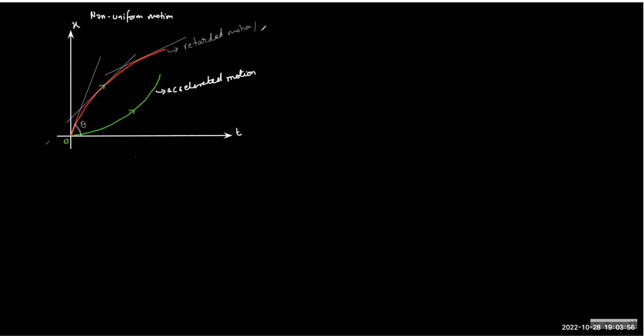Retarded motion. We can also call it deceleration or decelerated motion. So the green is accelerated motion and the red is retarded motion. Okay.